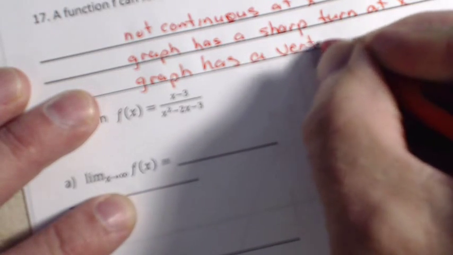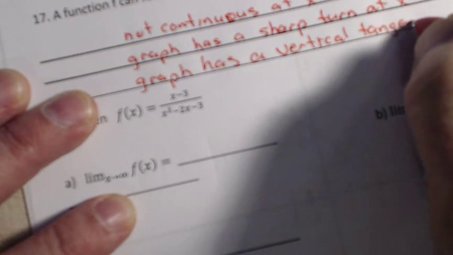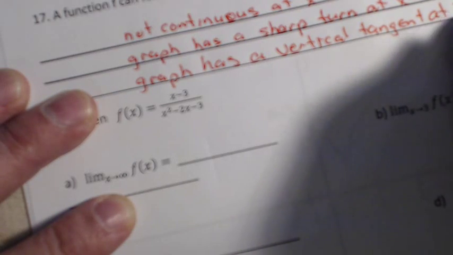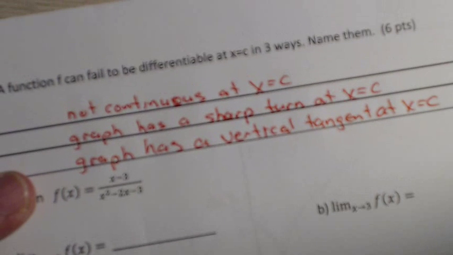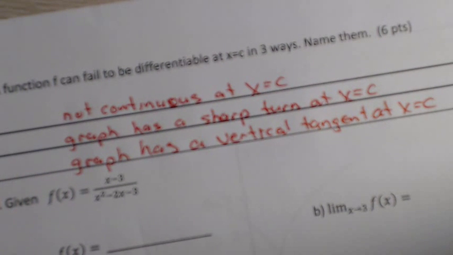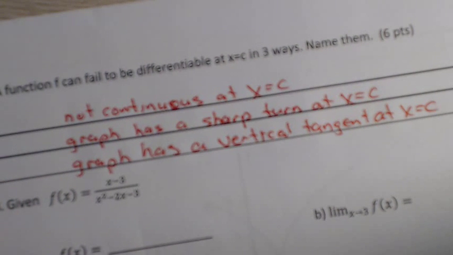Or if the graph has a vertical tangent at x equals c. If any of those 3 things are true about f, then the function fails to be differentiable there.